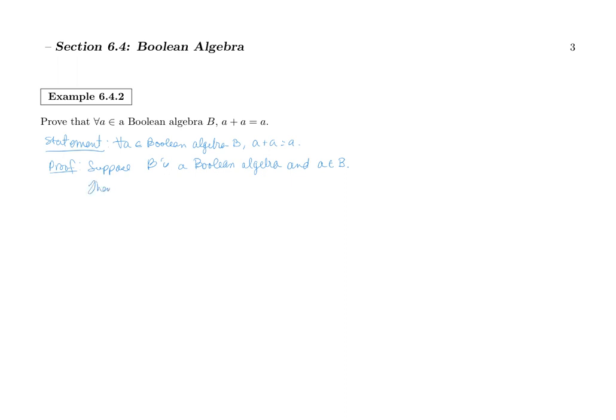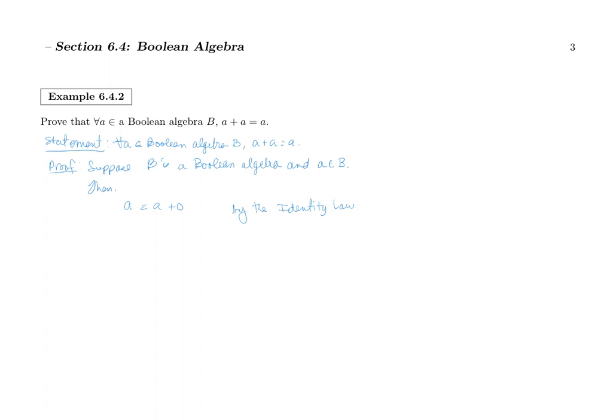Then, and this is where it looks strikingly like our algebraic proofs, we would say A is equal to A plus 0, because 0 is an identity, right? So this would be by the identity law, right?